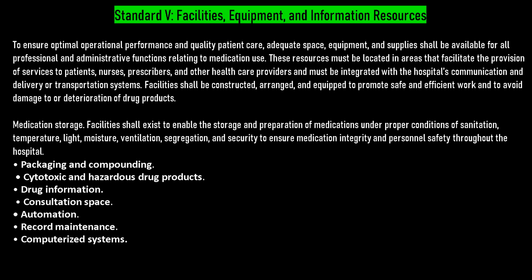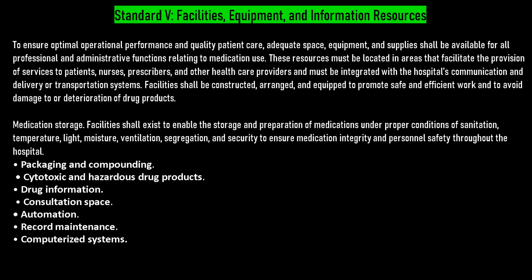Now the standard 5. This is the second last standard: the facilities, equipment and information resources. To ensure optimal operational performance and quality patient care, adequate space, equipment and supplies shall be available for all professional and administrative functions relating to medication use.